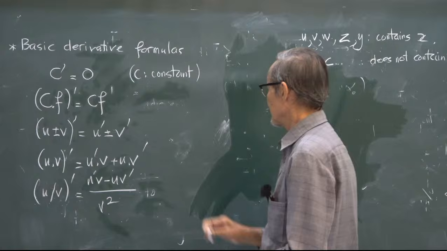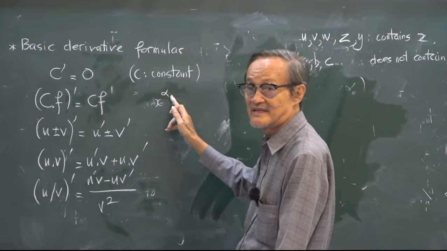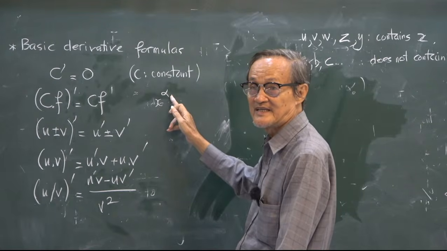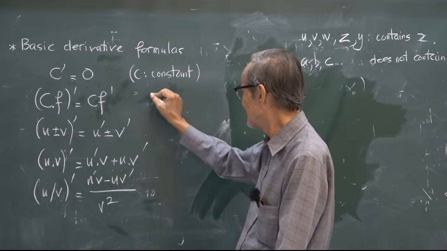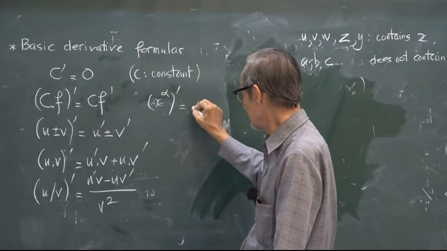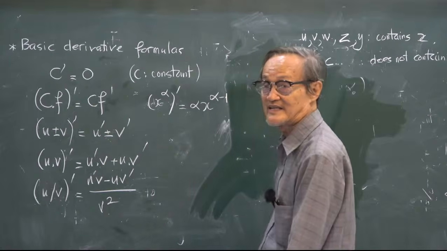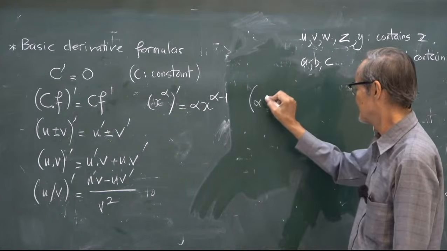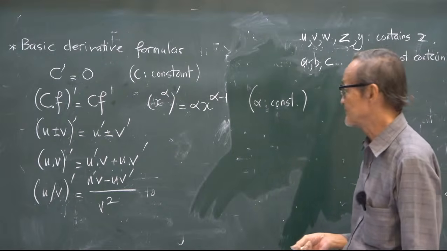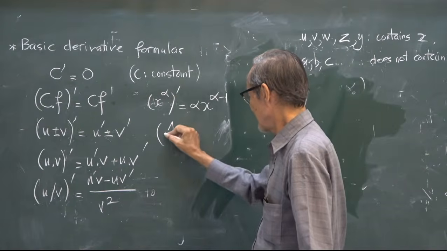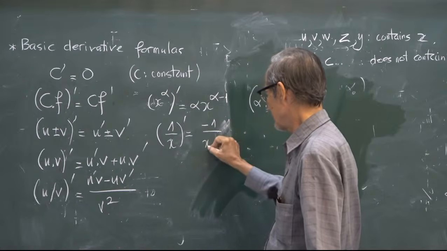Now power function x power alpha. Alpha, similar to A, is a constant, x a variable. Prime equals alpha x power alpha minus 1. Alpha constant. And 1 over x, prime, equals minus 1 over x square.